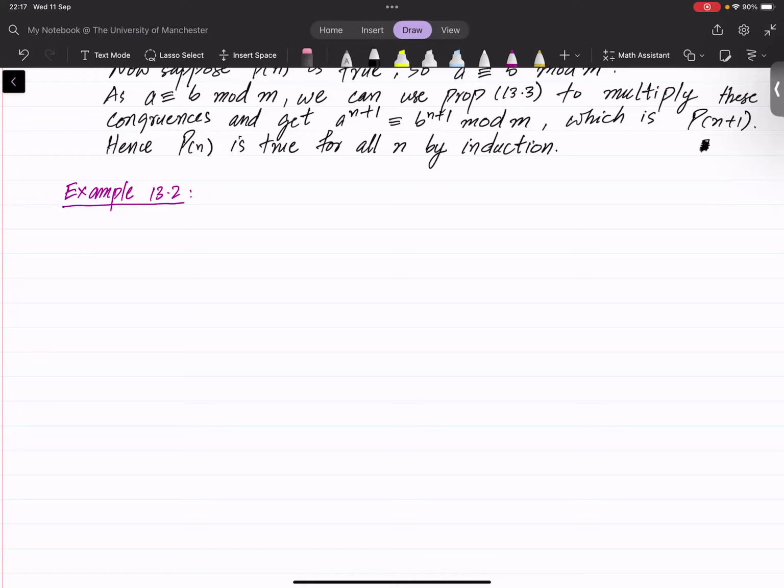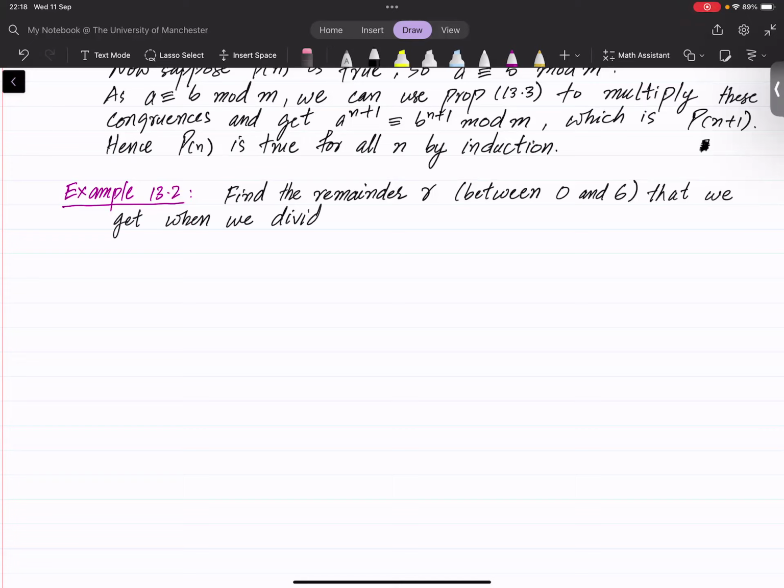The question is: find the remainder r between 0 and 6 that we get when we divide 6 power 82 by 7.